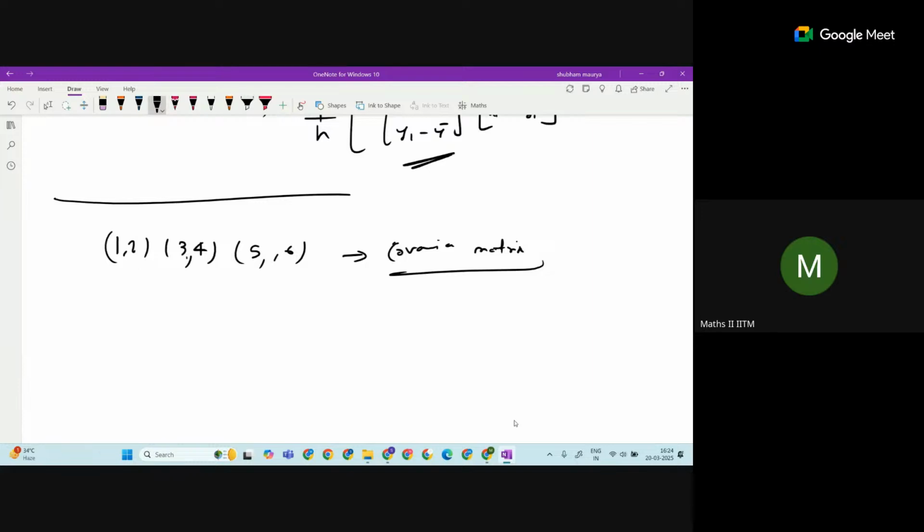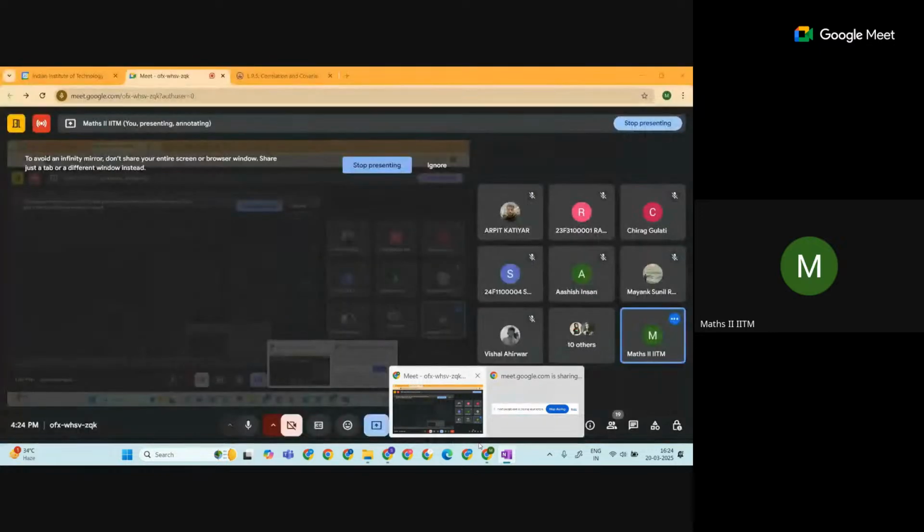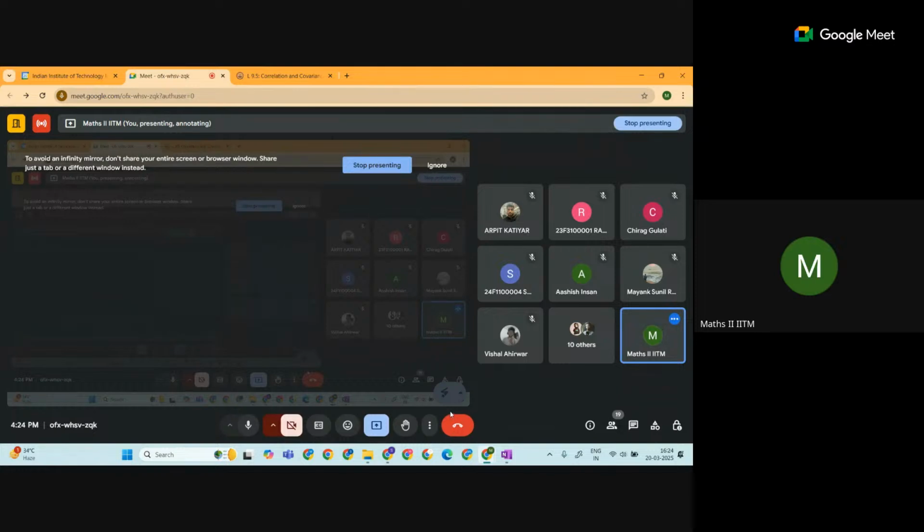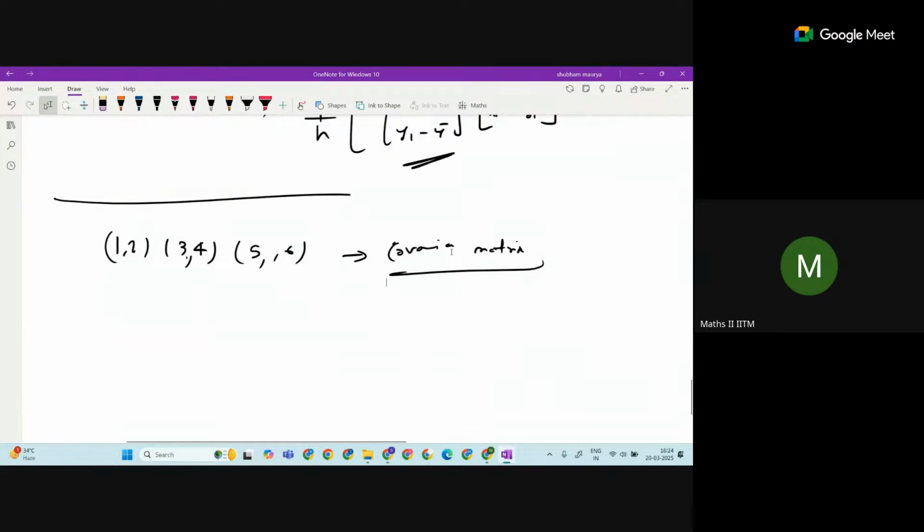The data is 1, 2, 3, 4, and 5, 6. All of you please try this and let me know what the covariance matrix is.